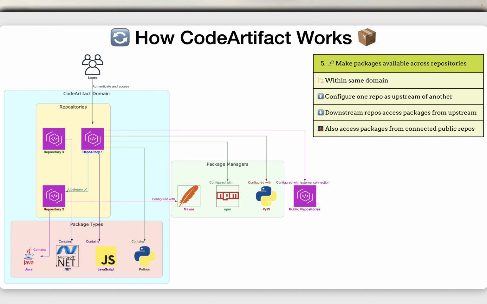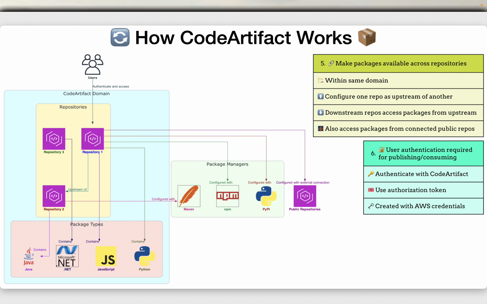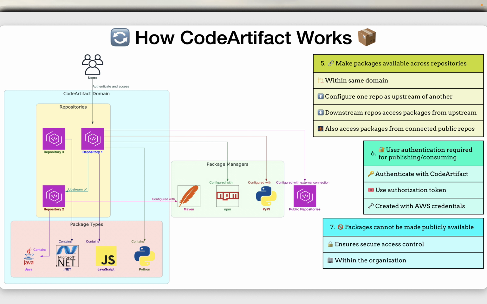This allows downstream repositories to access packages from the upstream repository and any connected public repositories. Users must authenticate with Code Artifact using an authorization token created with AWS credentials to publish or consume package versions. Code Artifact repositories do not allow packages to be made publicly available, ensuring secure access control within the organization.